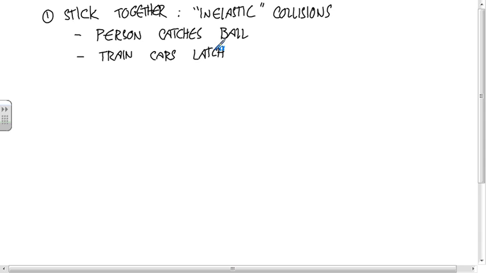Someone catches the football and keeps running, right after the collision they have the same velocity, and that's what's required for this. If two Play-Doh balls hit each other, they both fall to the ground. They both have the same velocity vector after the collision. So that's the key.